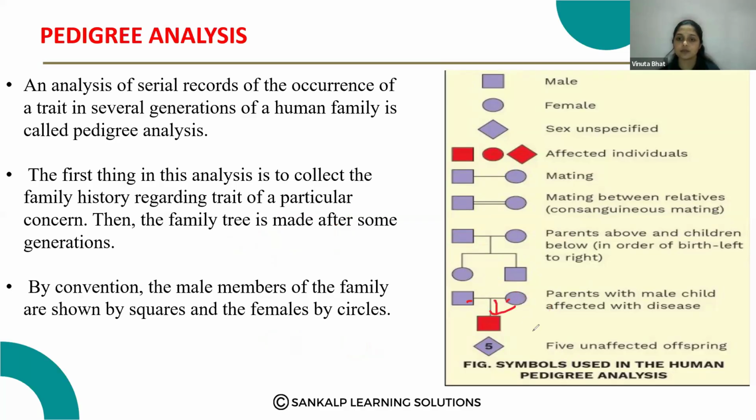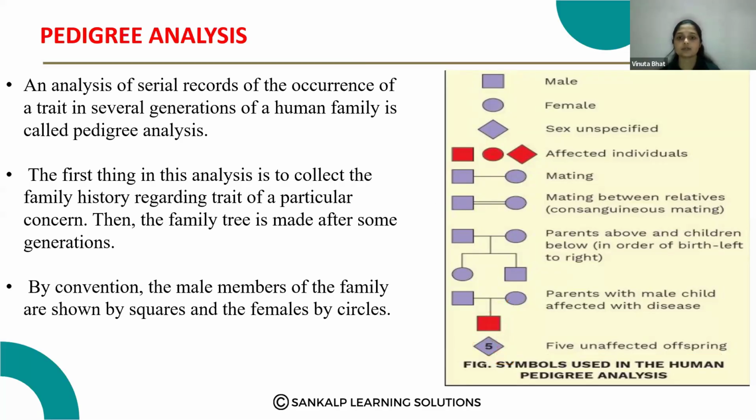And this symbol means 5 unaffected offspring, but the sex is unspecified. So these are the symbols that we use to construct the pedigree chart.